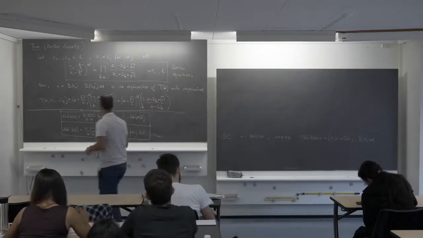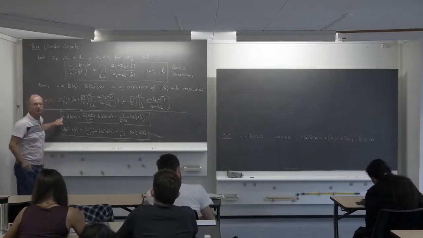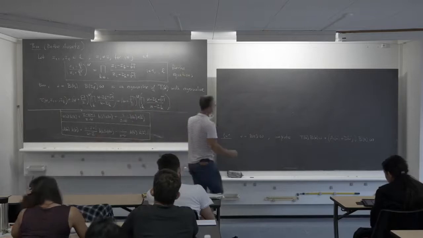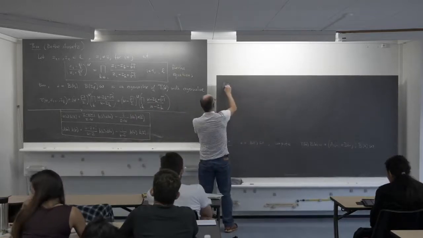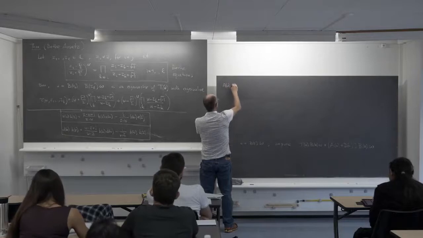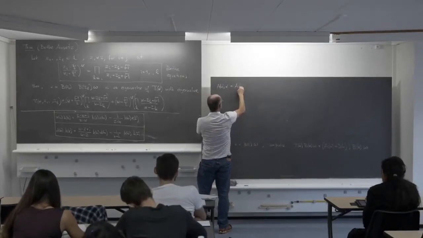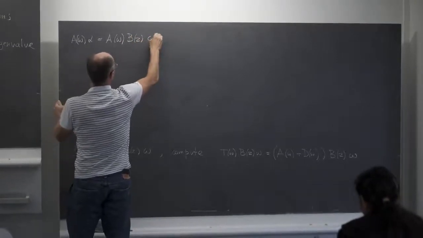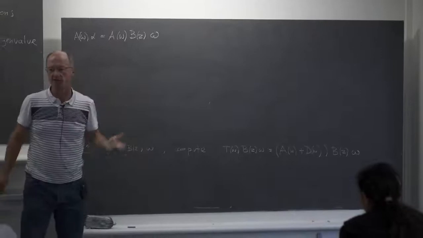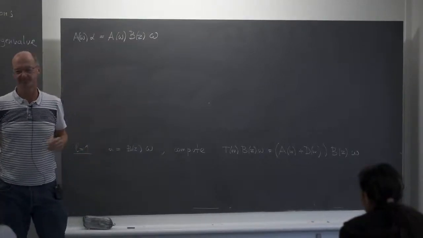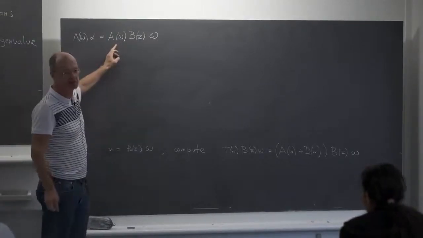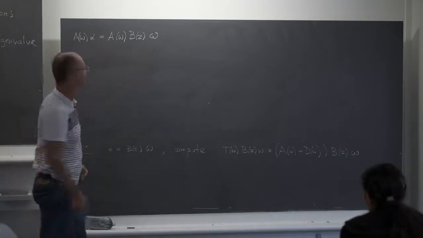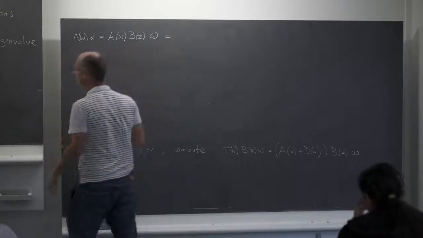Now, that's why I kept those horrible equations. So I'm computing A of w alpha, which is A of w B of z omega. I'm sorry, my w and my omega are somewhat the same in writing, but they stand in different positions, so we should not confuse them. Okay.